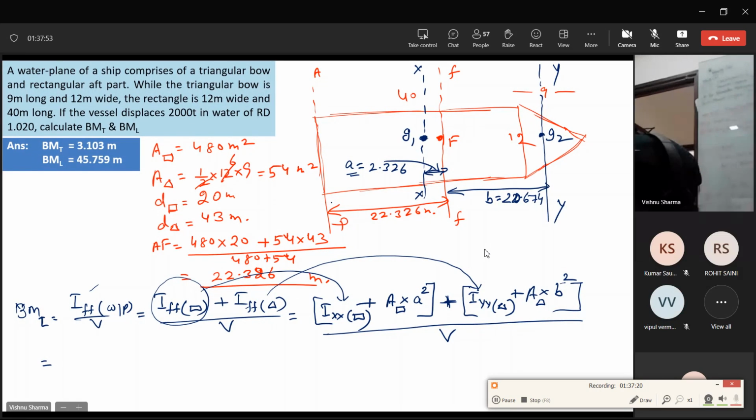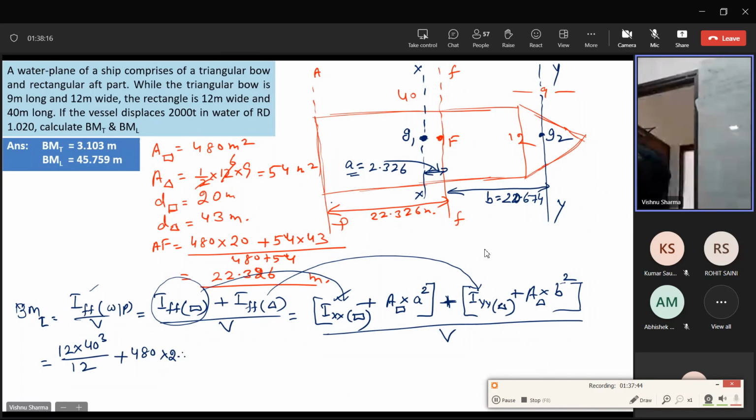It is 12 into 40 cube. No, 40 into 12 cube? No, 12 into 40 cube by 12, yes, this value. Yes or no? Yes, sir. Area of the rectangle, we have already calculated, 480 written on top. A is already on the diagram, 2.326 square, so this also put.